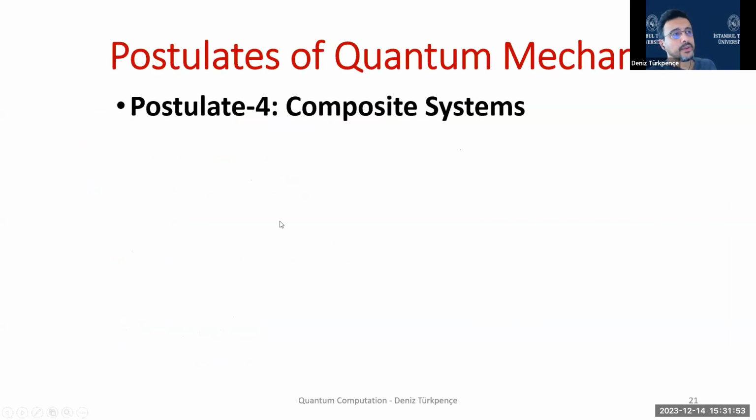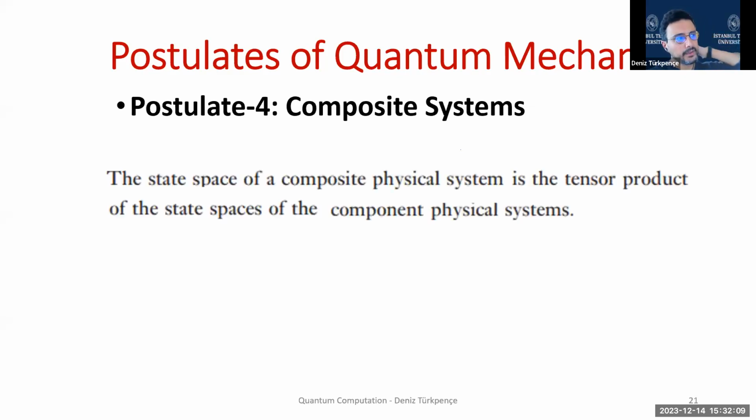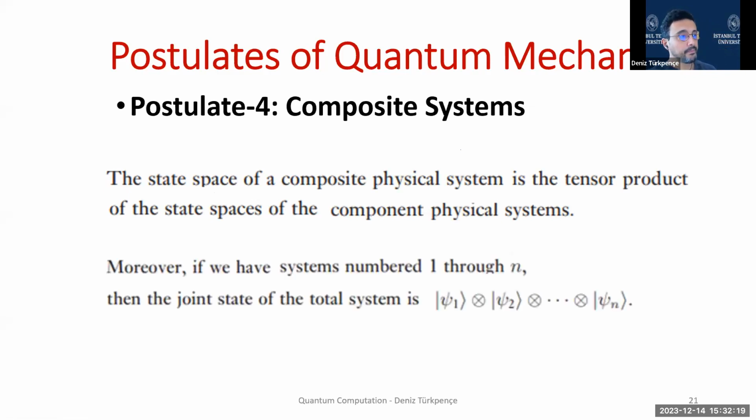Now let's come to the final postulate of quantum mechanics that will help us understand multi-qubit states. Postulate 4 is about composite systems, which are necessary to understand multi-particle systems. The state space of a composite physical system is a tensor product of the state spaces of the component physical systems.